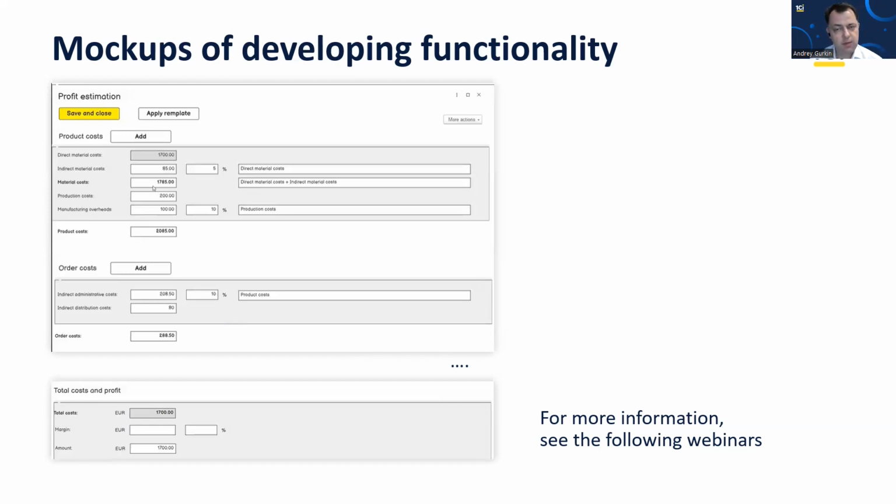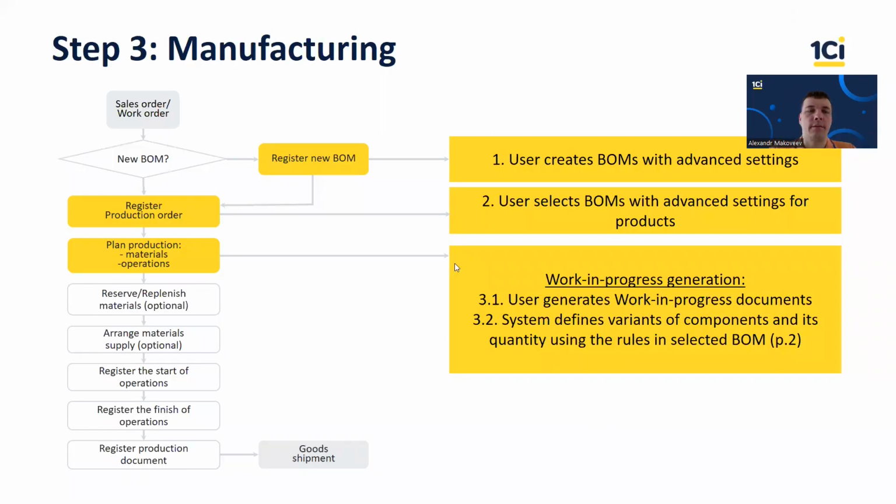And we are coming back to the production, so we have the sales orders, and let's come back to our production supervisor, Alexander. Thank you, Andrei. Let's go to step 3, manufacturing.